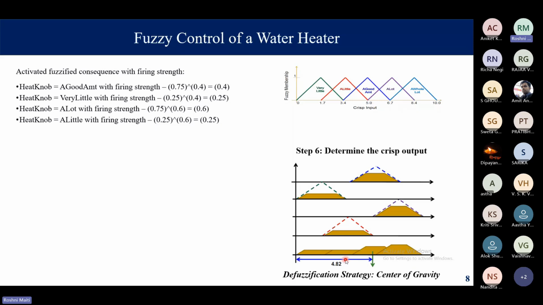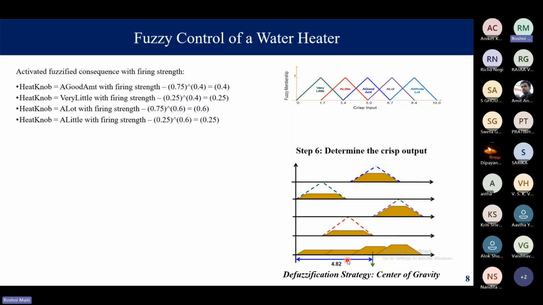After this, we have combined all of these four figures here, and we have taken the resultant. We have calculated the center of gravity, and from that center of gravity, our output we have obtained as 4.82.